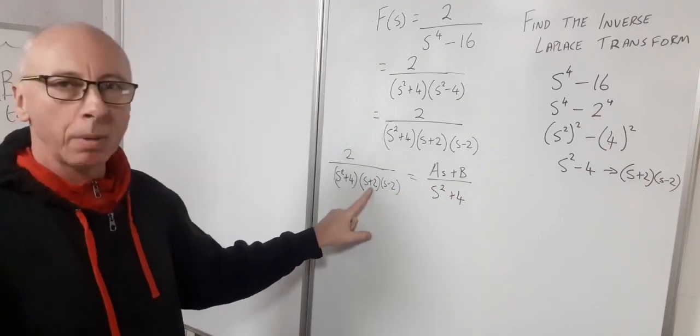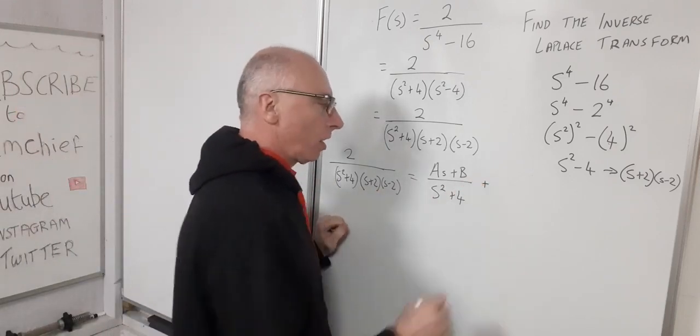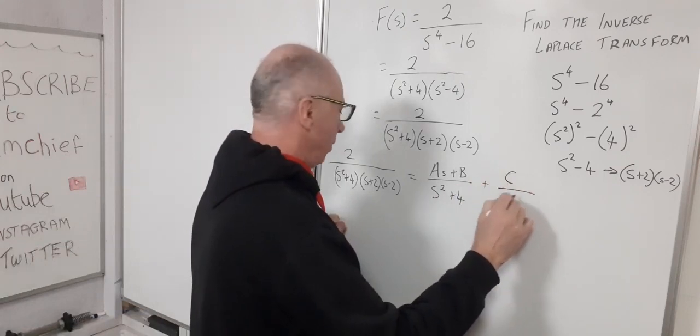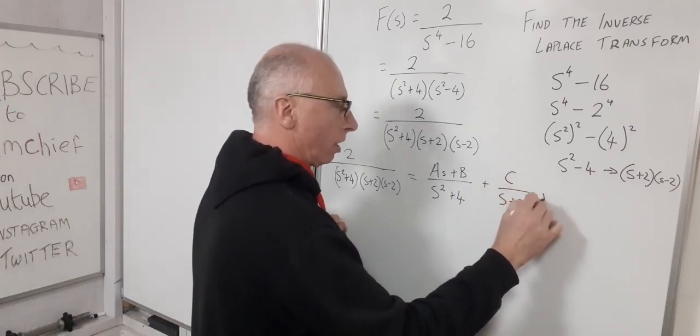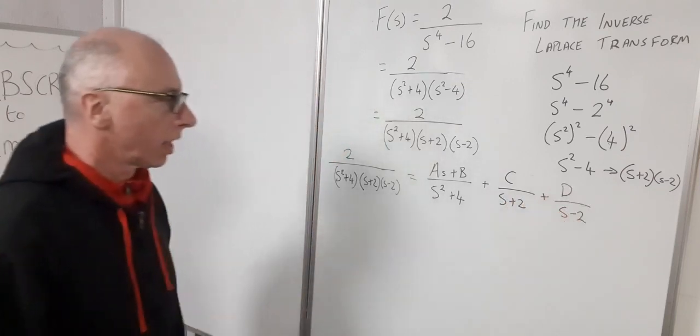And these here are both s plus 2 and s minus 2, so they just need a constant coefficient in the top. So we'll have C over s plus 2 plus D over s minus 2.